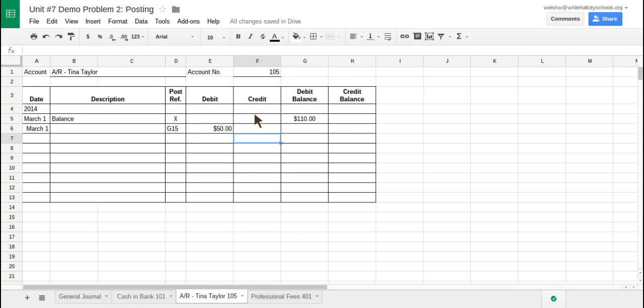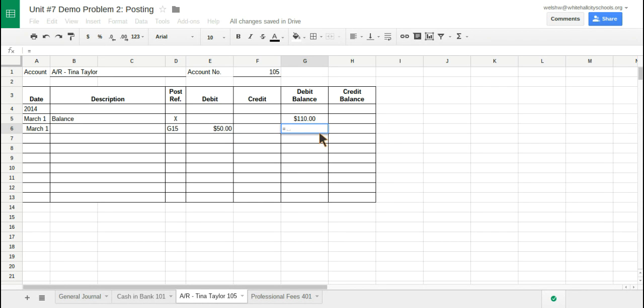Okay? So now we look at, we know our normal balance. If we have a normal balance, it's a debit, and we have another debit, we add. If we have a normal balance and this would have been a credit, we'd subtract. So now we just keep a running total in this column. So in this case, we had a 100, we take our last number here, because it's a debit and a debit, we add, and we can do a formula. This is easy math, but it might not always be.